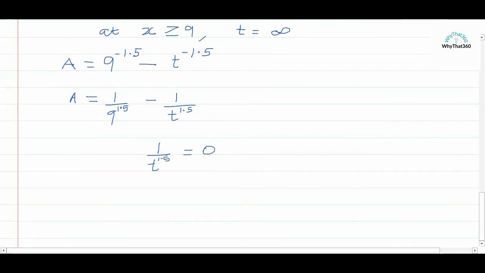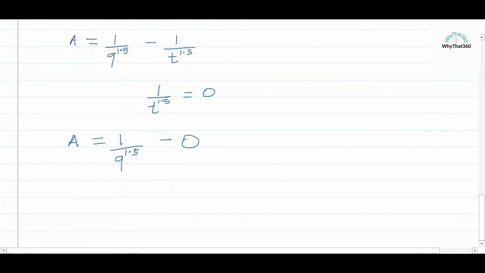So the area A will be equal to 1 divided by 9 to the power 1.5 minus 0. Or we can say simply the area is equal to 9 to the power negative 1.5 minus 0. And that will be equal to 1 out of 27. Good, so area here will be equal to 1 out of 27 square units.